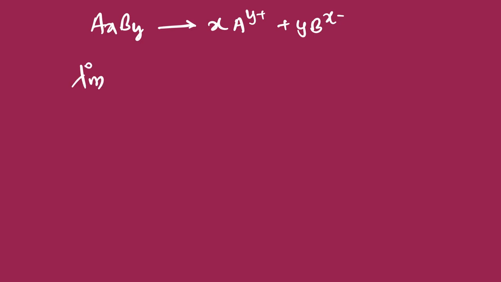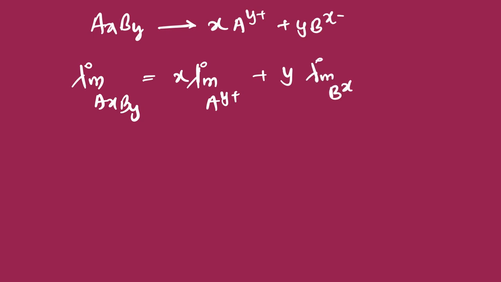Now, I am taking one general example. X moles of AxBy ionize into X moles of Ay plus and Y moles of Bx minus. Therefore, the limiting molar conductivity of AxBy is equal to X moles of limiting molar conductivity of Ay plus, plus Y moles of limiting molar conductivity of Bx minus.